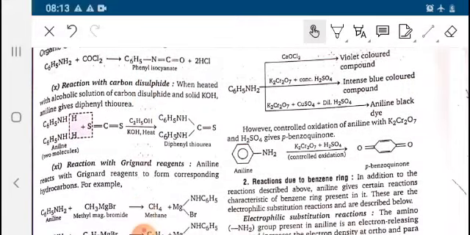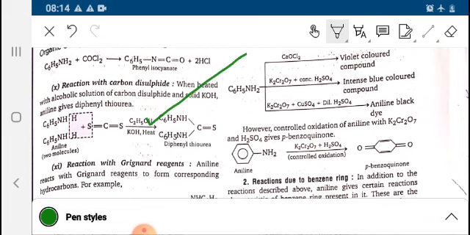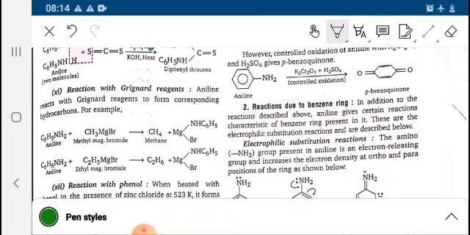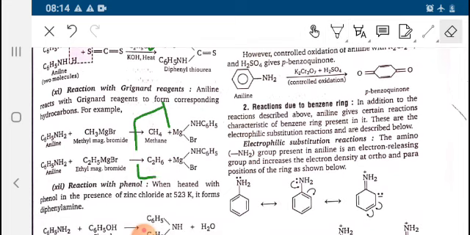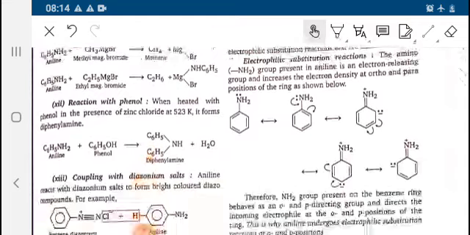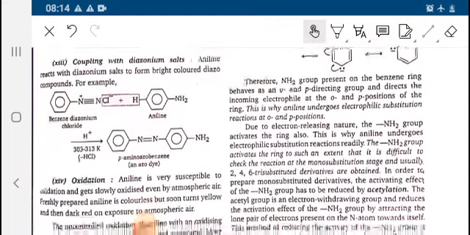After this is the reaction with CS2 forming diphenyl thiourea, whereas reaction with Grignard reagent will give alkanes. So these are the basic reactions of aniline, which we have already studied in our previous lectures.